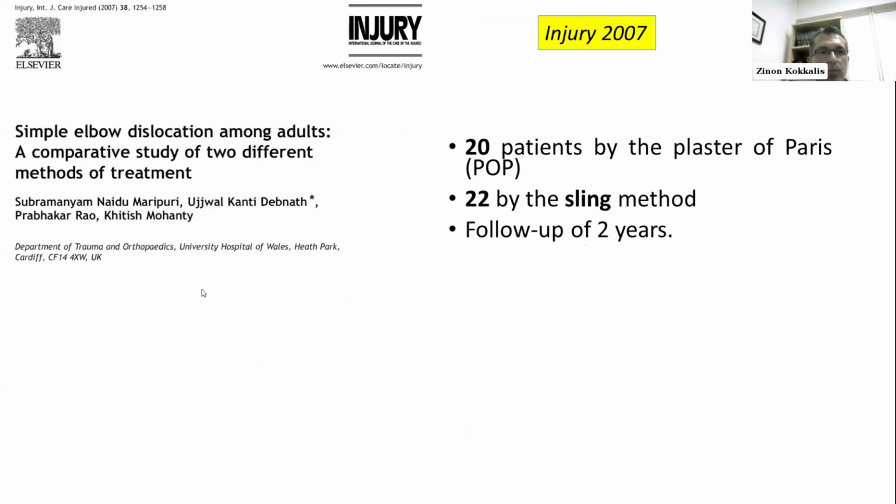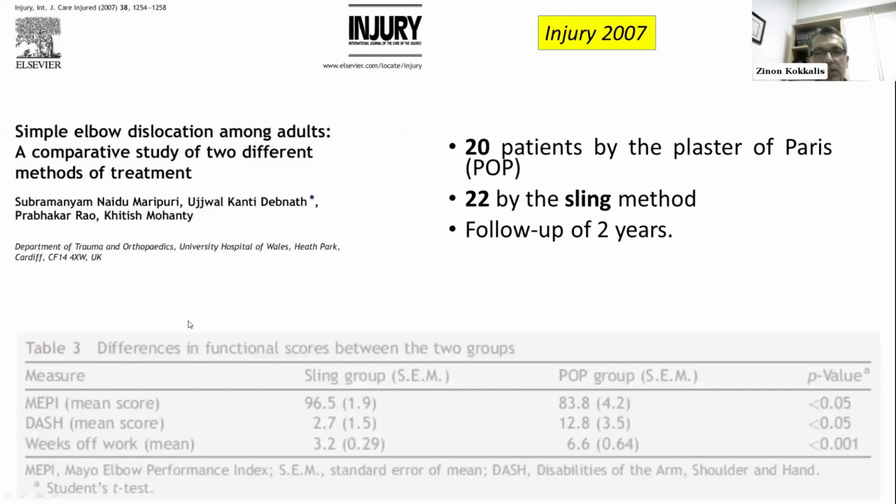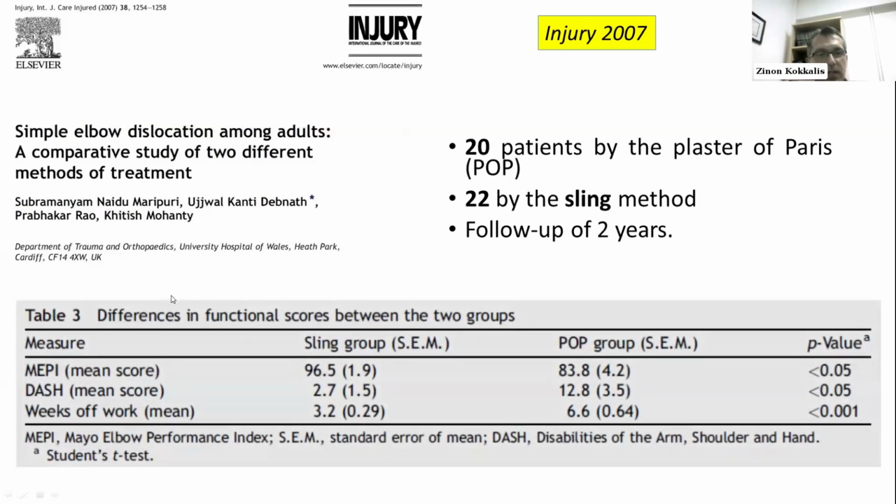Another study compared two different methods of treatment after closed treatment. 20 patients were mobilized by plaster of Paris, 22 by a sling method, with follow-up of 2 years. From this study, they found that the DASH score in the sling group was much better than in the plaster of Paris group.